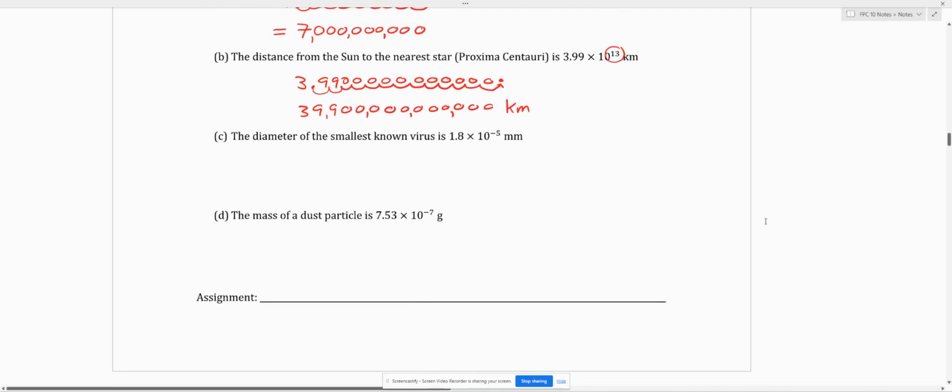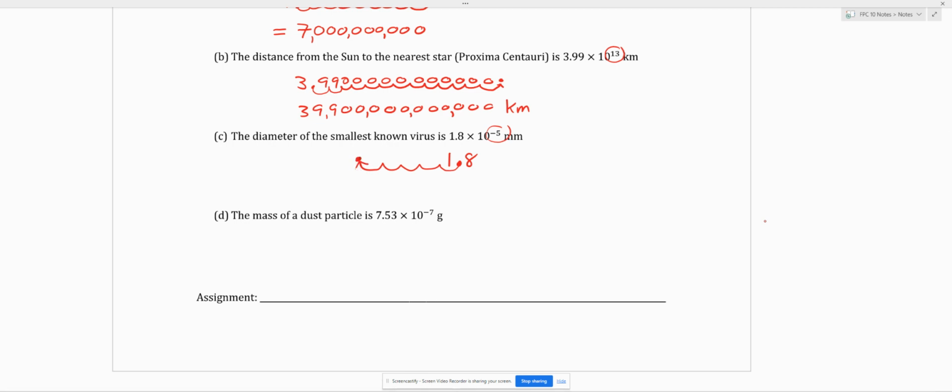How about something really tiny like the diameter of a really small virus? So I'm going to write my number over here this time, 1.8, because I know I have to move my decimal to the left because of this negative exponent. It's a really small number. So I'm going to move it to the left 5 times. 1, 2, 3, 4, 5. So now we're going in this direction.